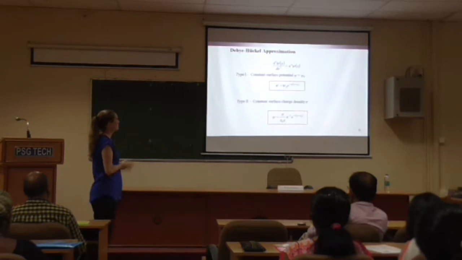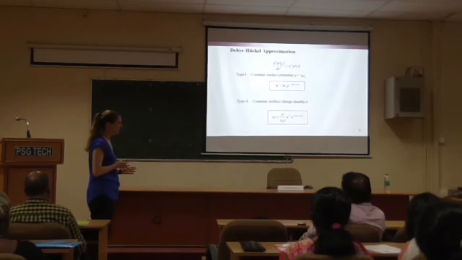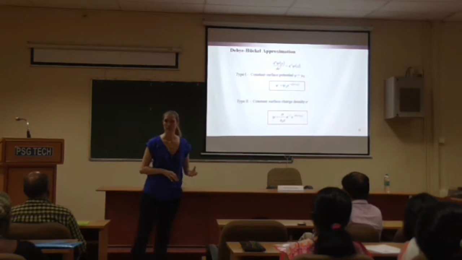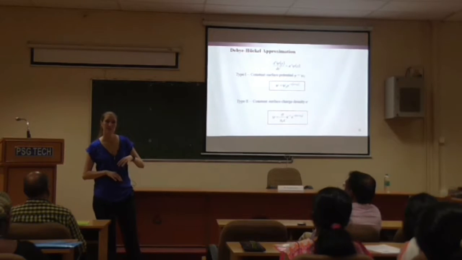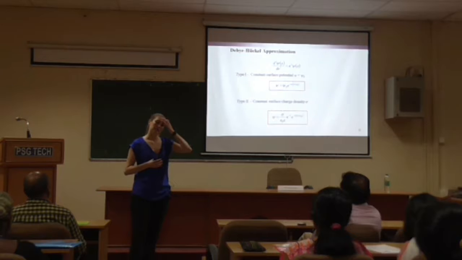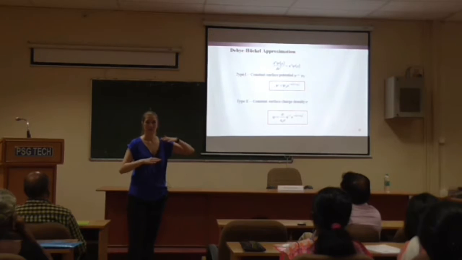Now, these are 2 different approximations. One is a constant potential approximation, which for biological samples doesn't usually hold true, but for engineered surfaces sometimes does. So we talked about STM and things like that before.